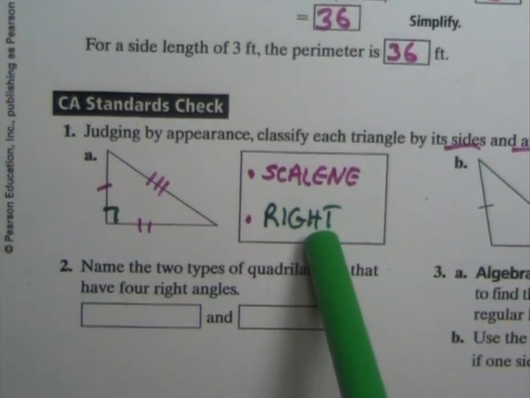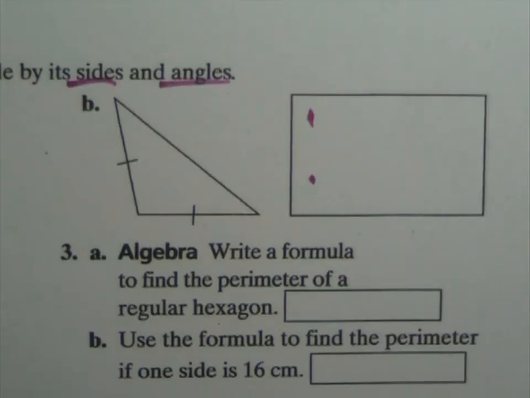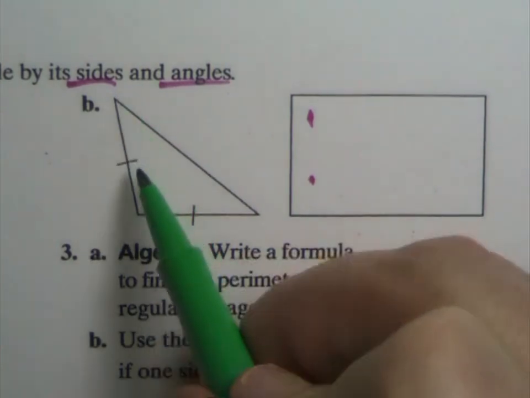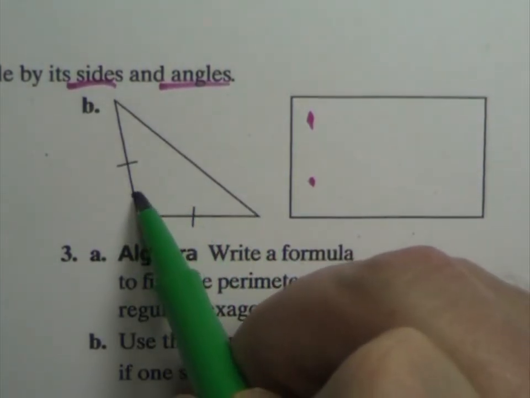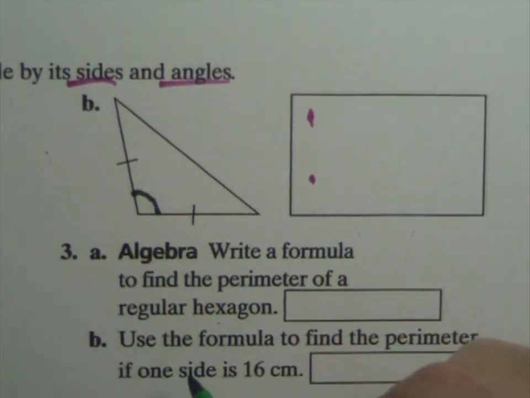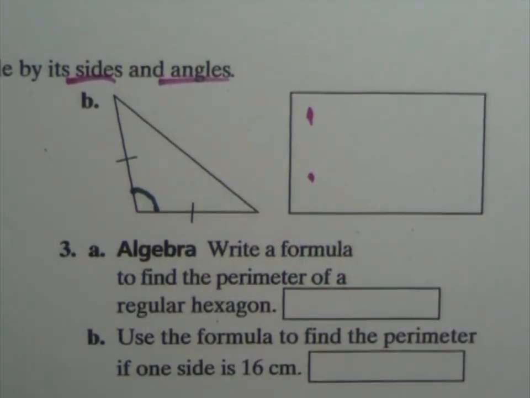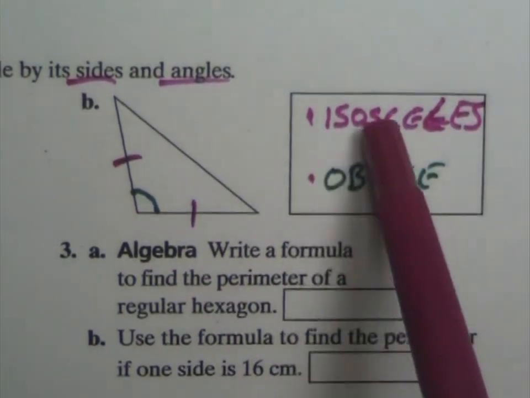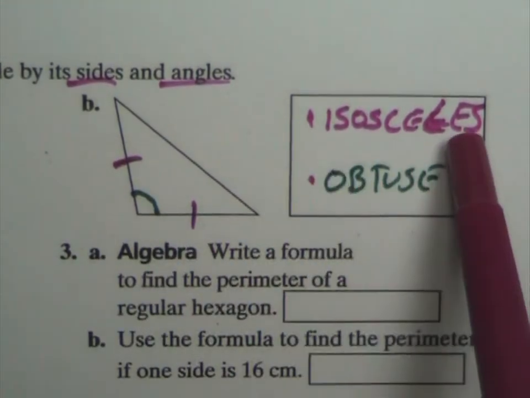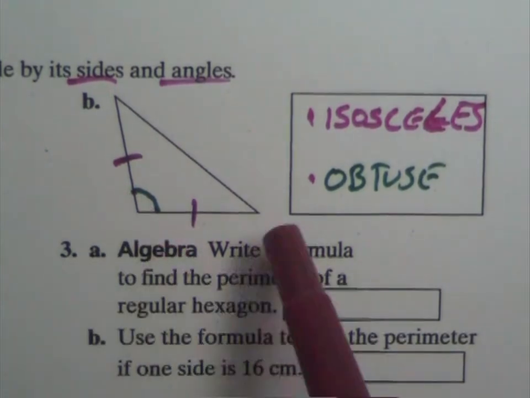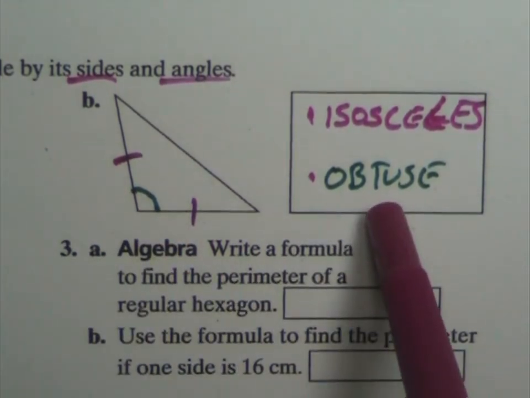This is going by the angles. On letter B, you can see the two sides there are the same. And this angle right here, it looks like it's more than 90. So by the sides, I'd have to say it's an isosceles, because these two sides are the same. And then for the angles, I'd have to say obtuse.